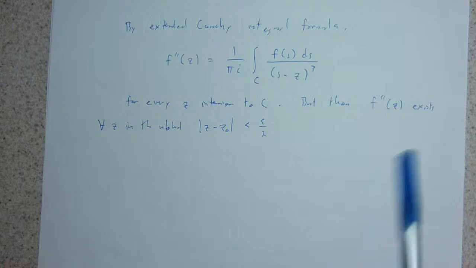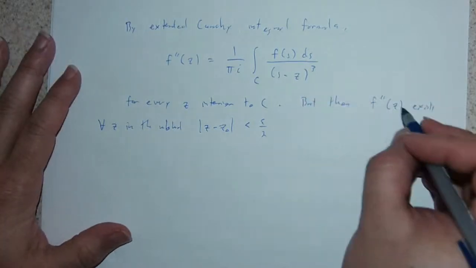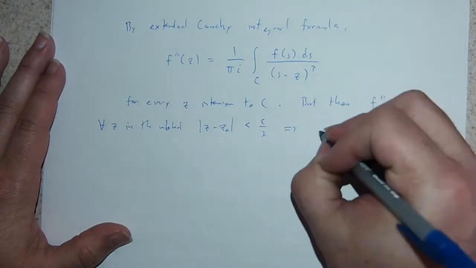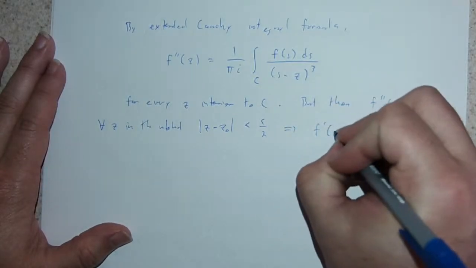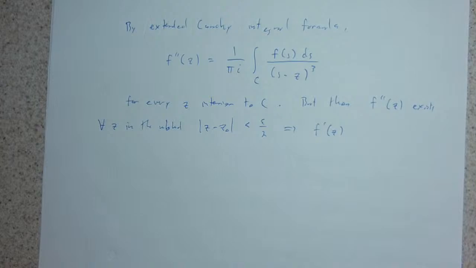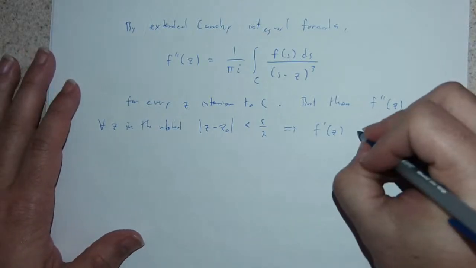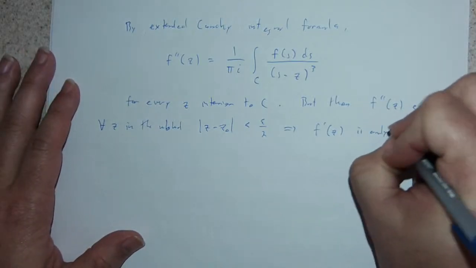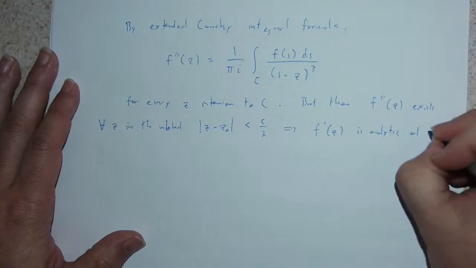We've shown that this thing exists on some neighborhood of z naught, but if f double prime exists on some neighborhood of z naught, this means that f prime is analytic at z naught.